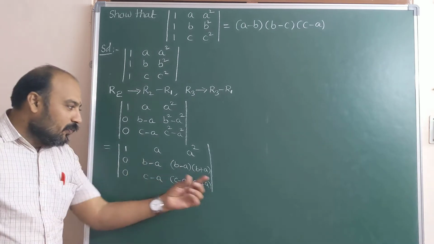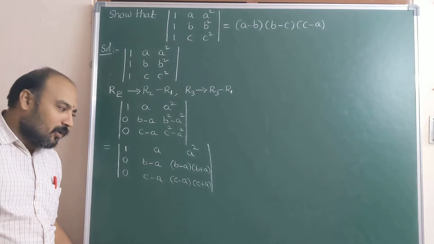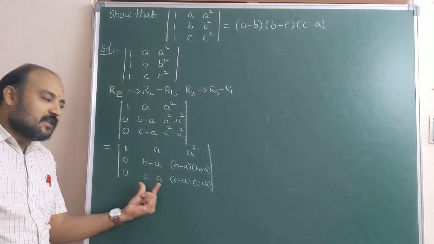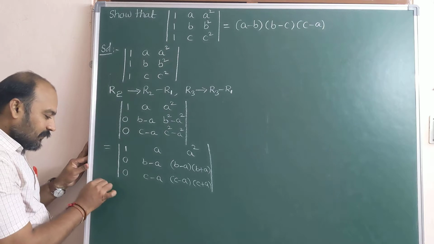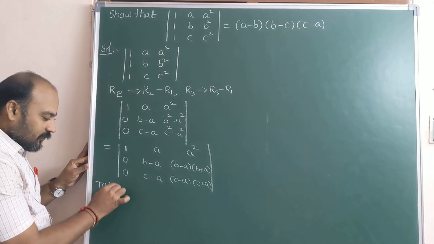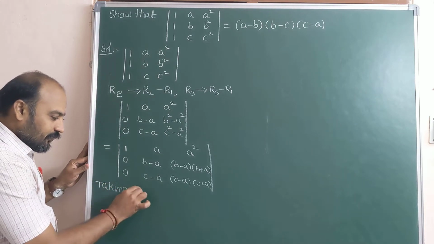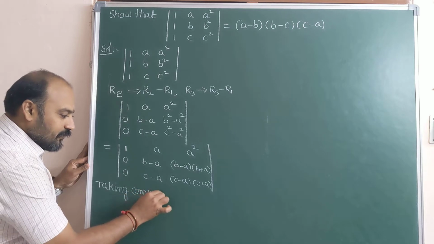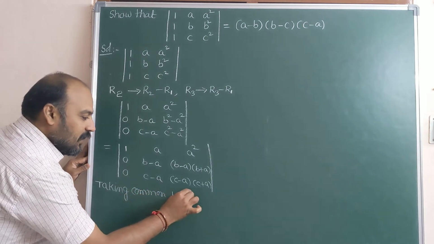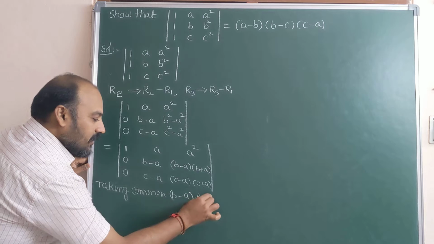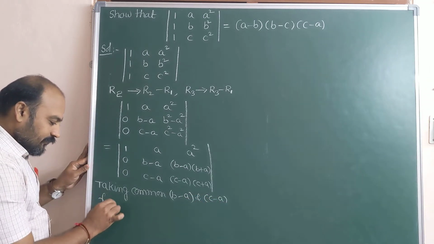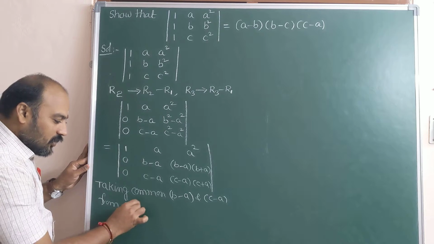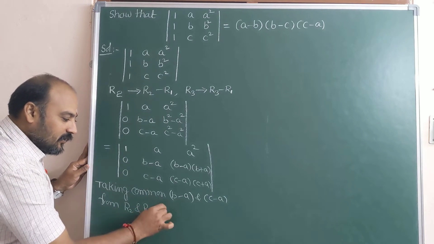From the second row, b minus a I am taking common. From the third row, c minus a I am taking common. So taking common b minus a and c minus a from R2 and R3 respectively.